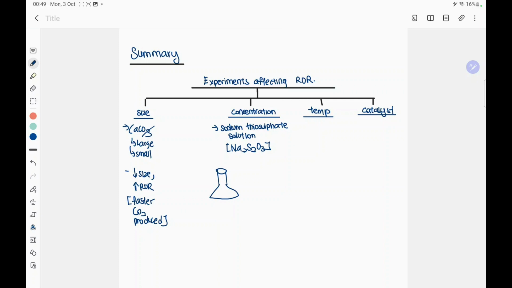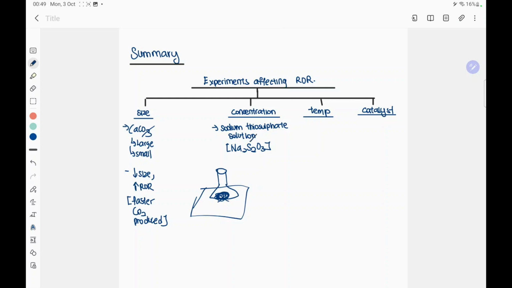Remember the experiment where we use the conical flask, we put it on top of the white paper with X marks, and then we start and stop the stopwatch when the X mark completely disappears from view.